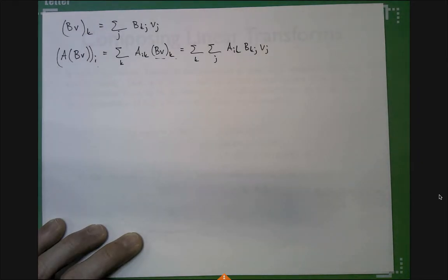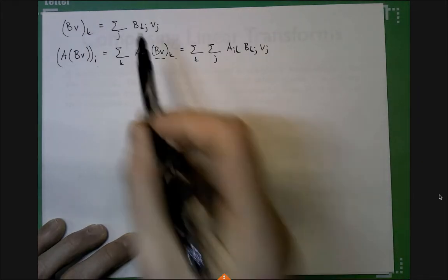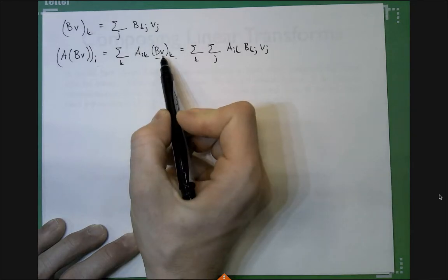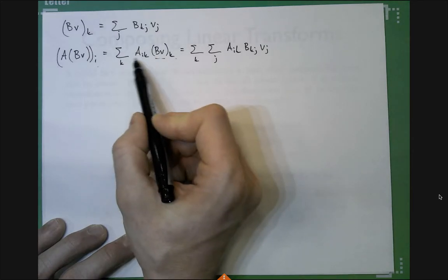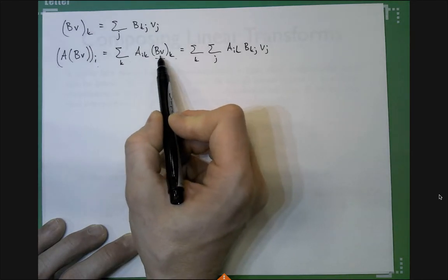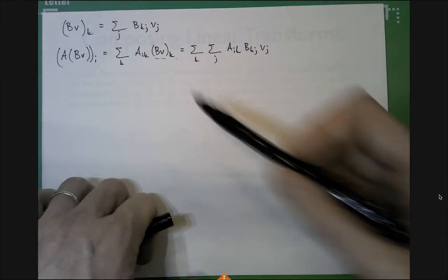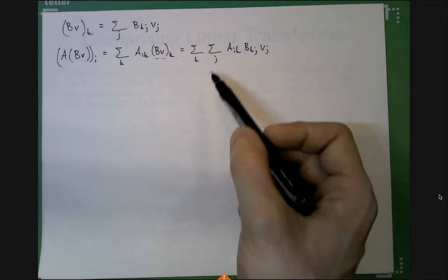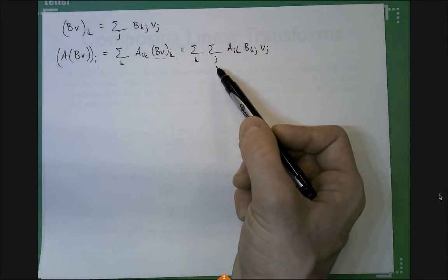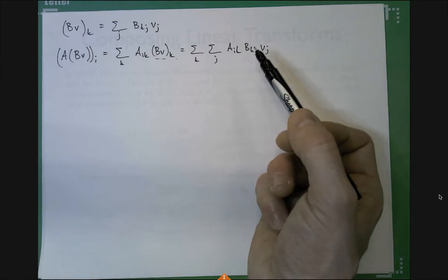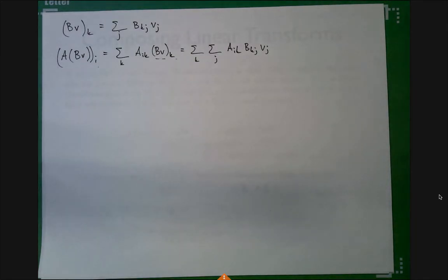Okay, everybody see how I got that? I just plugged this in here. So I get one sum, A_ik, and the second sum, but of course everything is distributive and commutative because we are just dealing with real numbers, so I can just put the sums together here.